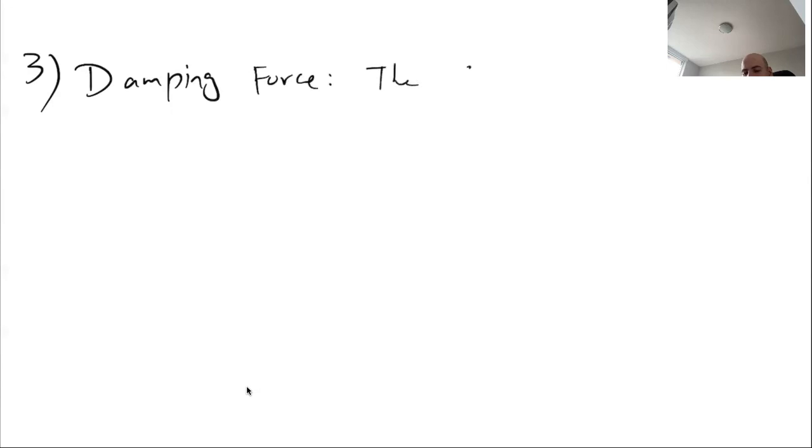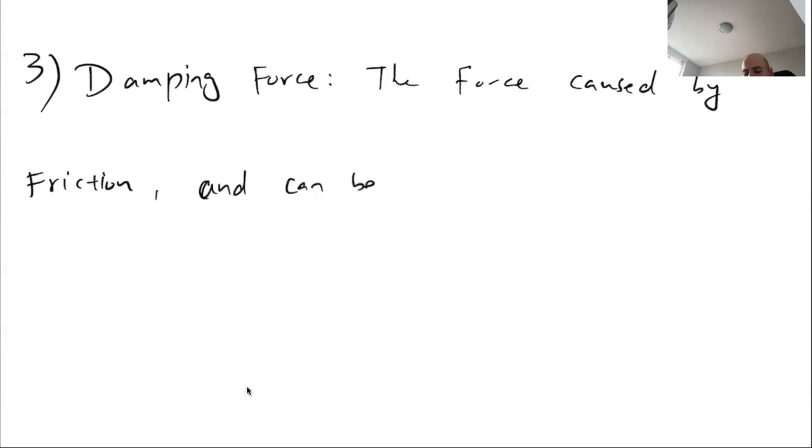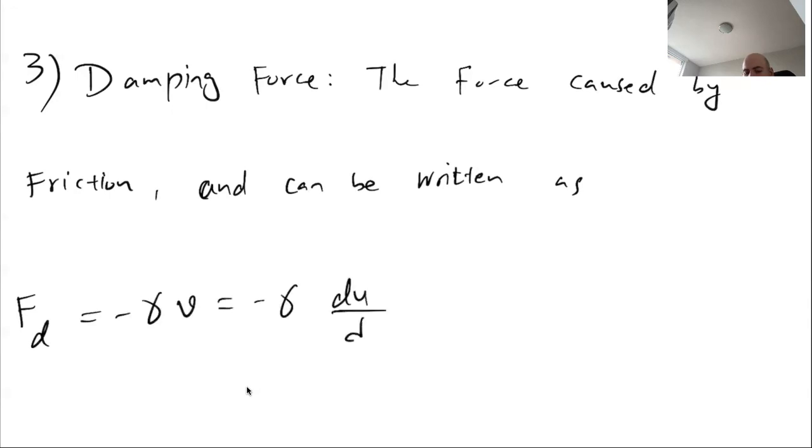This is the force caused by friction, and can be written as Fd, the damping force, equals minus gamma v, equals minus gamma du/dt, or minus gamma u prime.